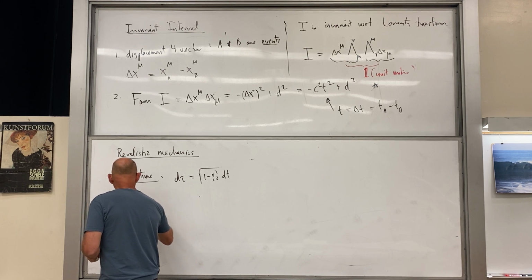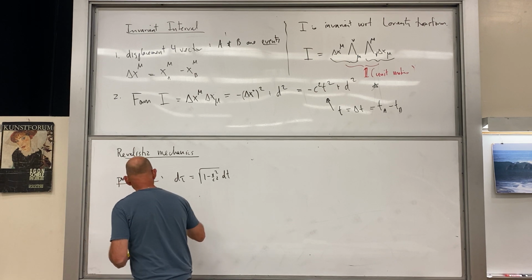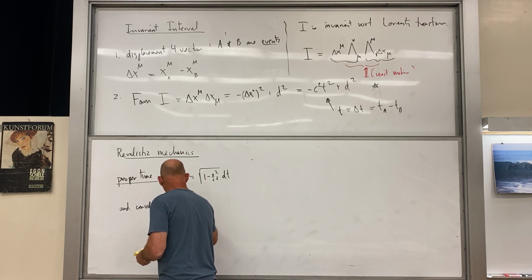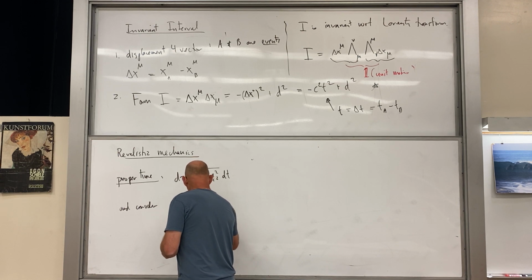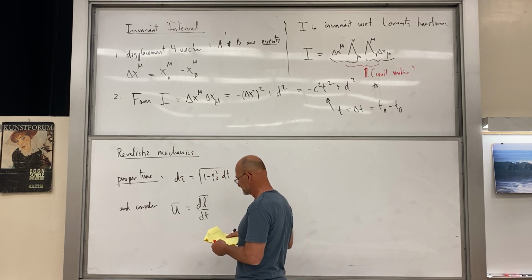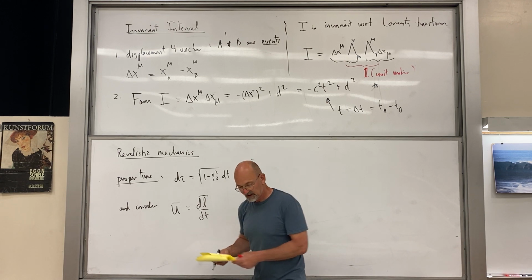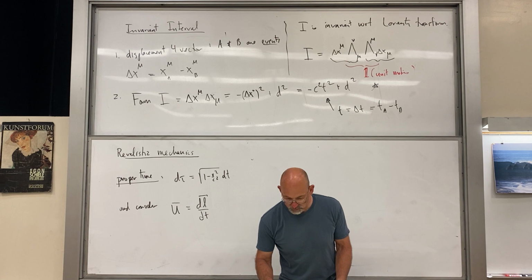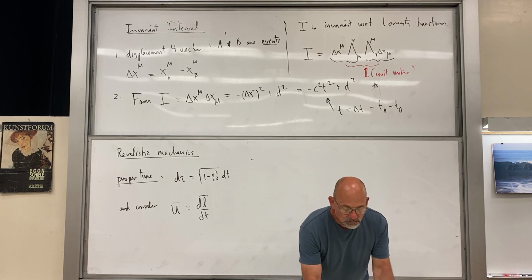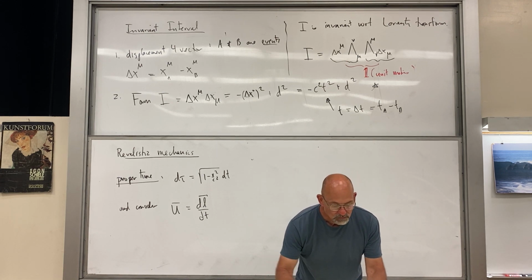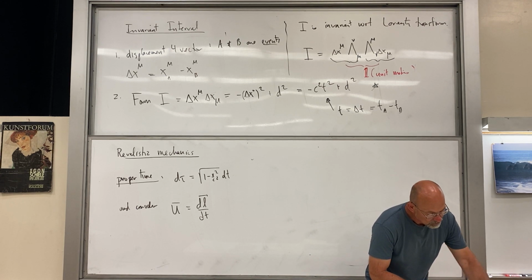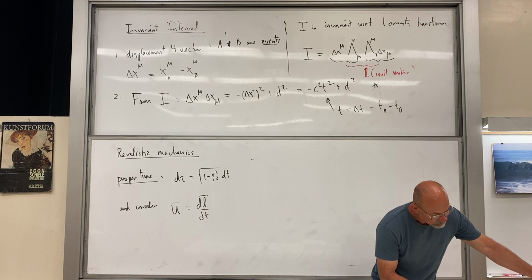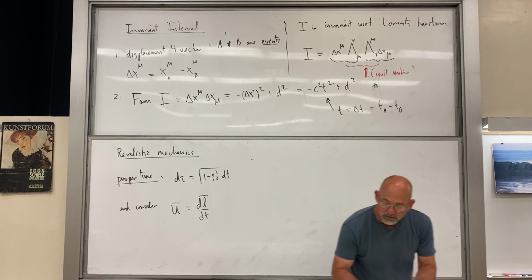We're going to consider a velocity u equals dl over dt.